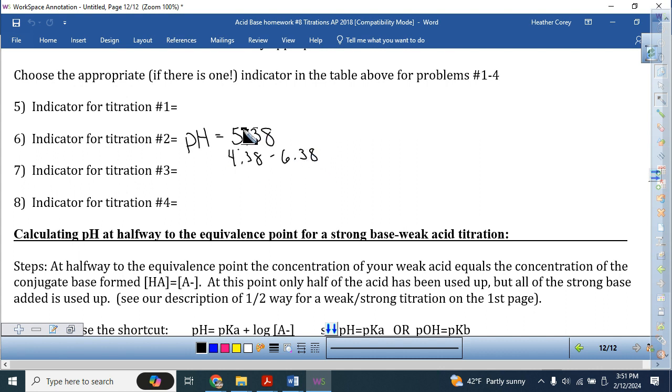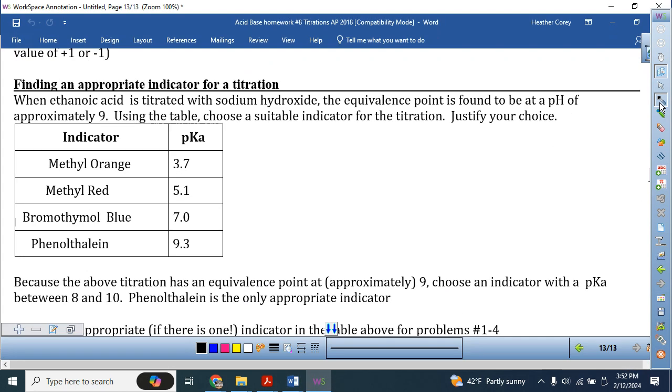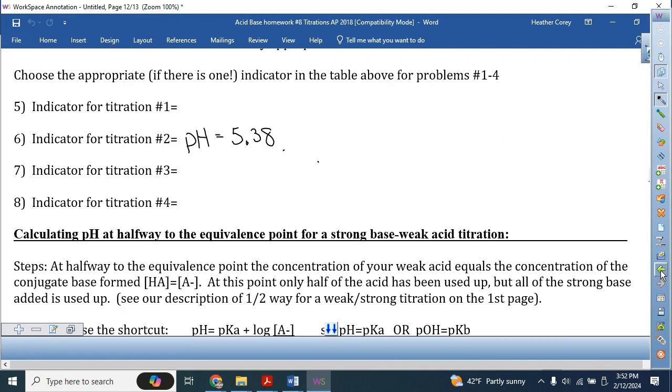We want it 1 away from the pH at the equivalence point. So I'm going to look at my table. I'm going to find something close to 5.38, and I see methyl red. So methyl red is going to be the most appropriate indicator for this titration.